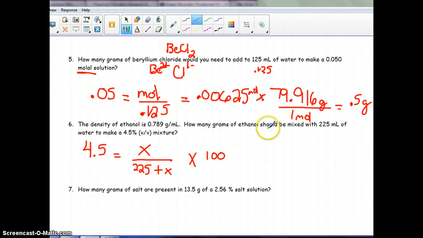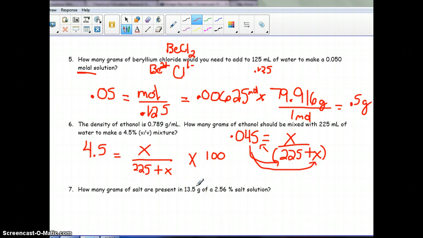So we're going to divide by 100, and we get 0.045 is equal to x over 225 plus x. We need to get this off the bottom, so we're going to cross multiply this whole denominator up, and distribute that into both of them. So we get 0.045 times 225, so that's 10.125, so 10.125 plus 0.045 x equals x.